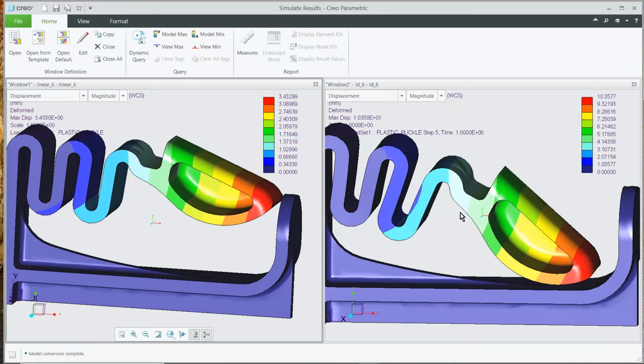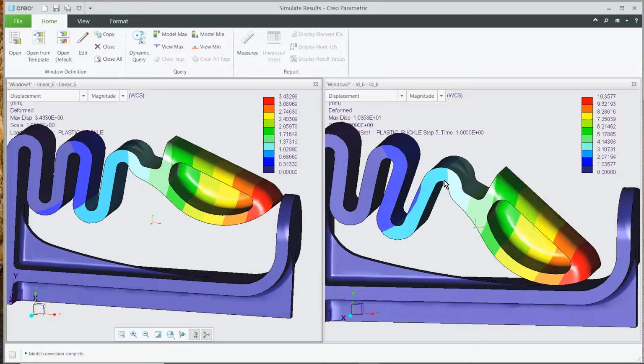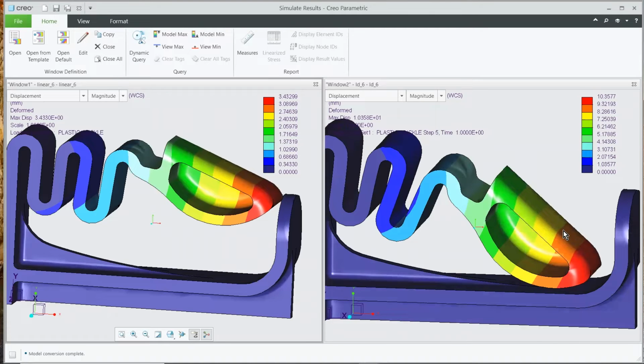But if we use the large deformation, we can see that there's quite a big difference between 3.5 and roughly 10.5 millimeters. So this is much more realistic of what's happening. And again, this is designed to deform like that. So this is a large deformation situation where we can get the accurate results of what's happening.